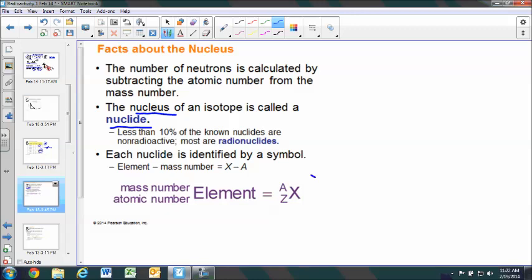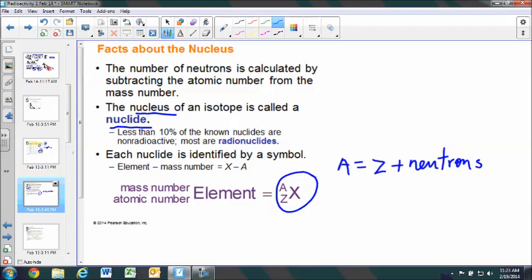And normally what you will be doing is using the same notation as we use for the elements, where you have the number of protons, that in this case we were using the letter Z for the atomic number, and the letter A for the atomic mass, right? So A would be equal to Z plus the number of neutrons, right?